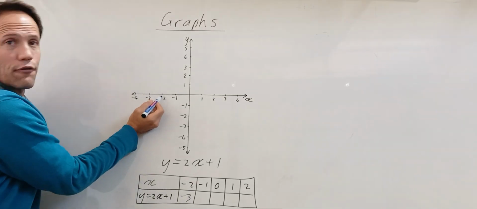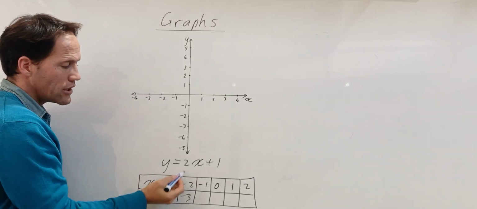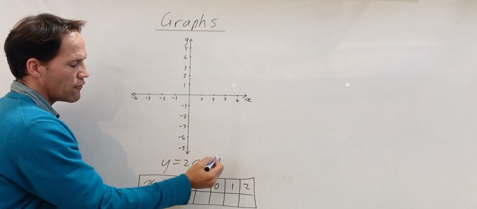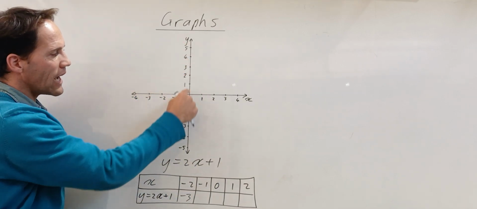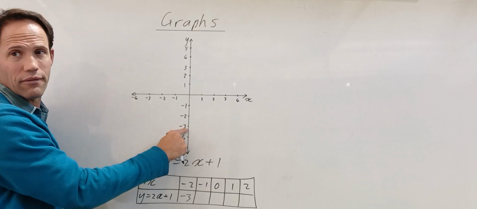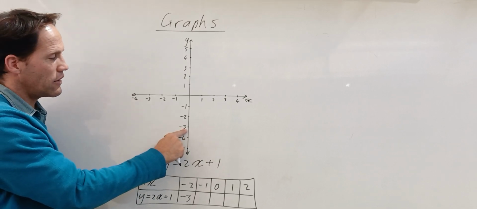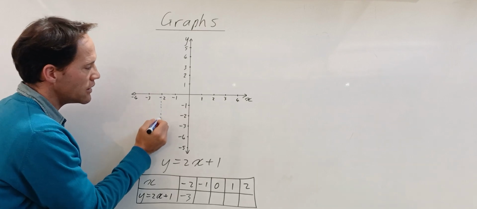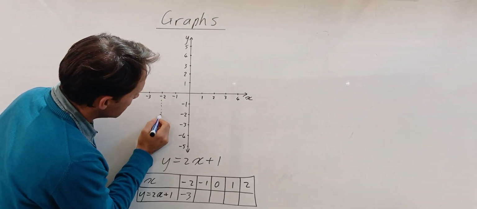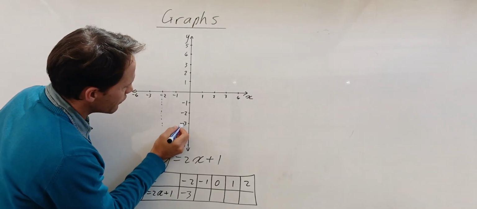So I took negative 2, I put it into the function, the graph, and it gave me negative 3 out. So now on the y-axis, I must go down to negative 3. There's negative 3. So I put negative 2, now you do this. I put negative 2 in, you go straight down, and you got negative 3 out.